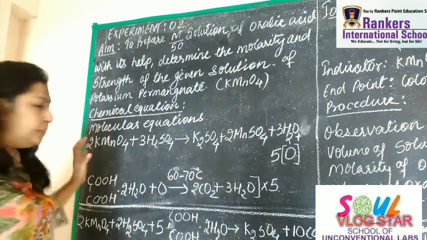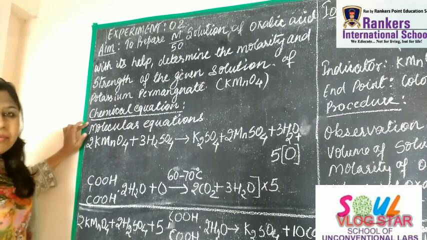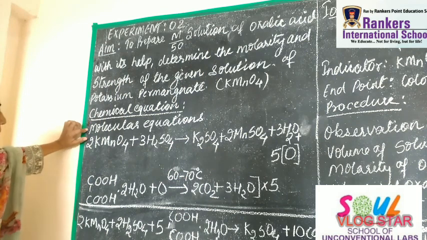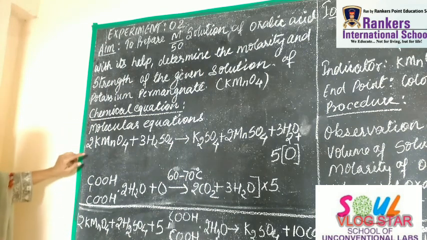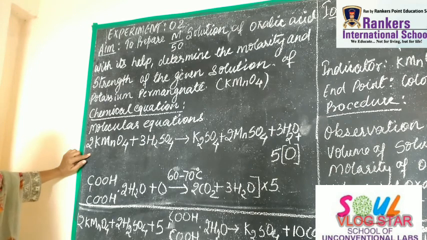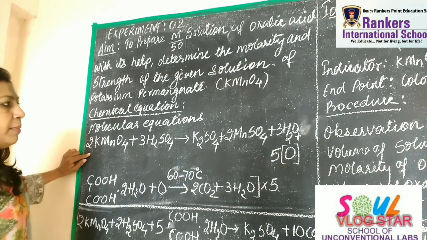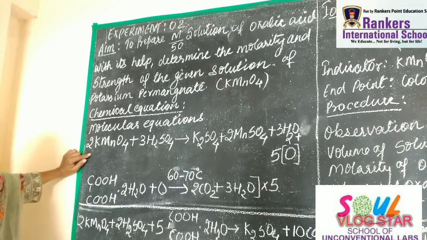After that, the chemical equation involved here will be, molecular equation: 2KMnO4 plus 3H2SO4 gives K2SO4 plus 2MnSO4 plus 3H2O plus 5O.